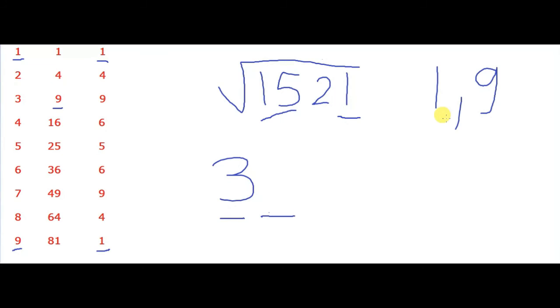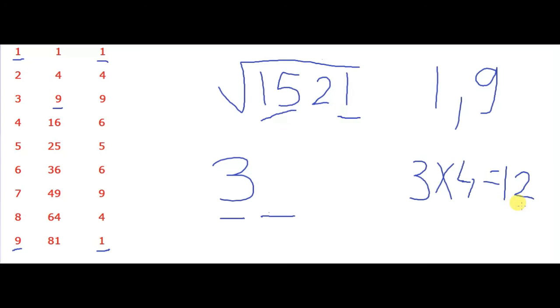We have to find which one is correct. For finding the second digit, we take the multiplication of 3 and the number after the 3, which is 4. So the multiplication is 12.